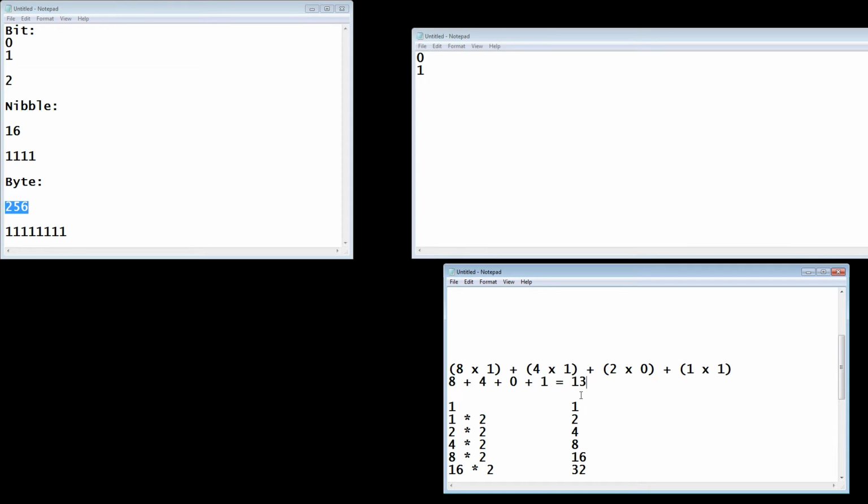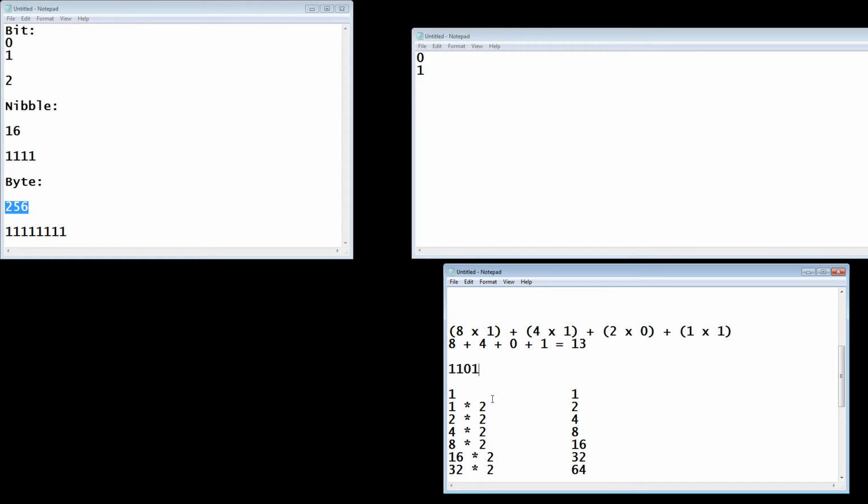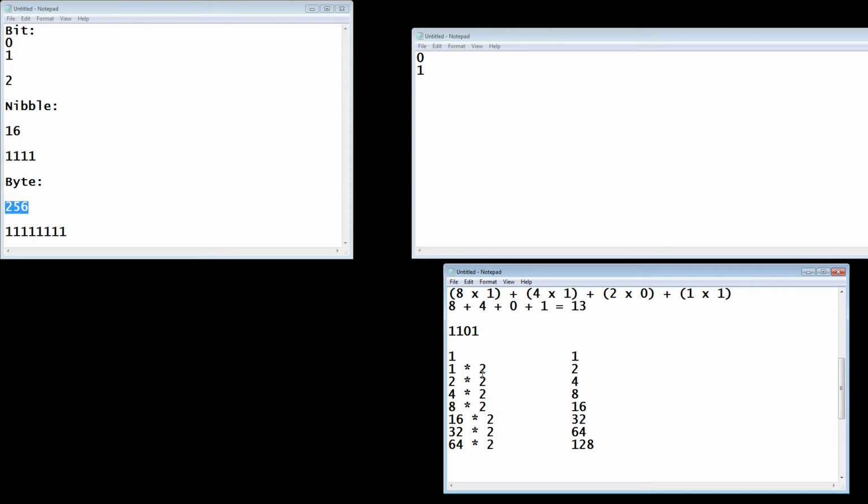Now how would this be written in the base 2 system? Well, we got a 1 here, a 1 here, a 0 here, and a 1 here. So, written as a nibble, this would be 1, 1, 0, 1. We can also go backwards with this.